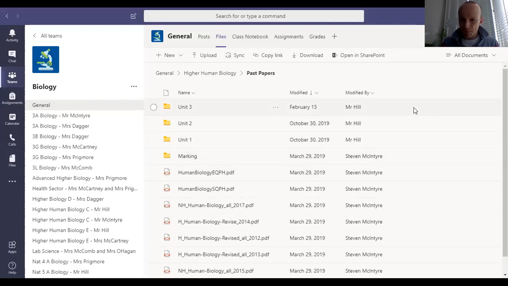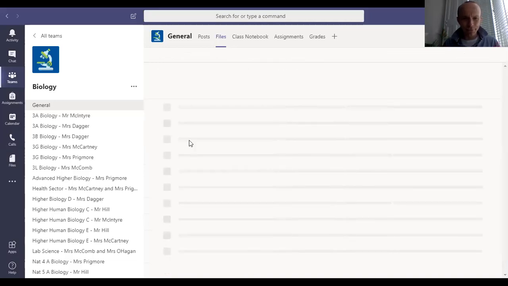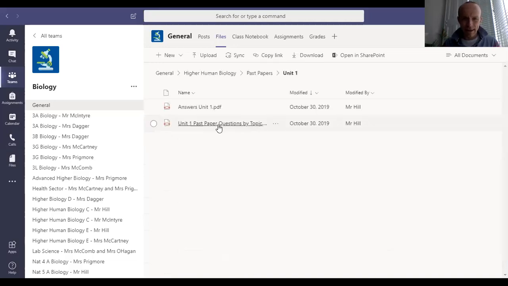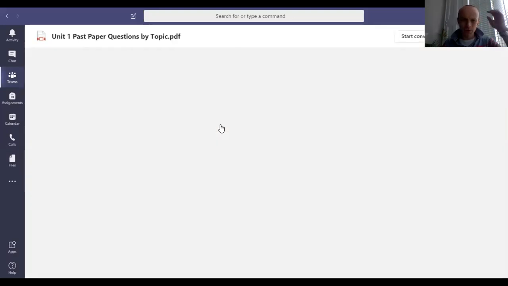But what's particularly useful, particularly at the start of the course, are these top three here, because what we've done is we've taken the past paper questions and put them into subject by topic. So if you go into Unit 1, for example, and then click on the document, Unit 1 past paper questions.